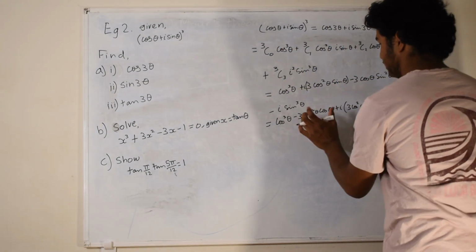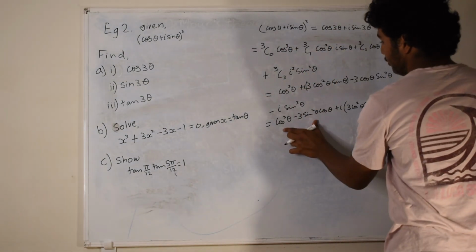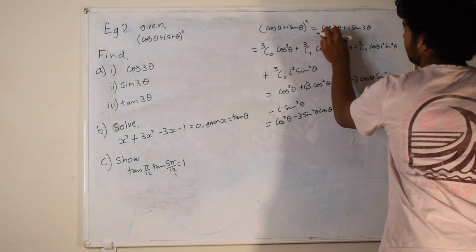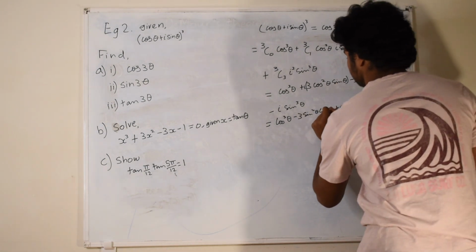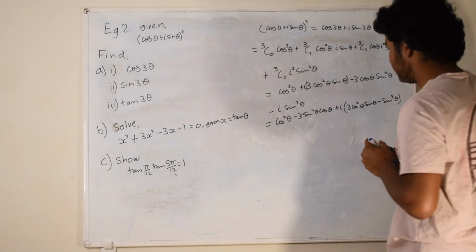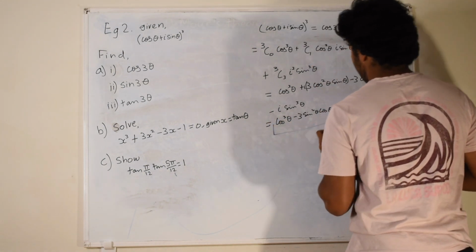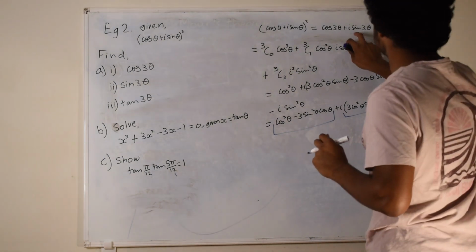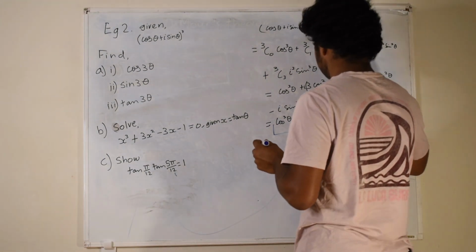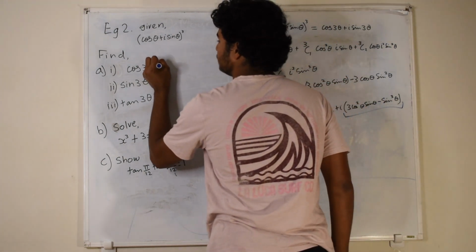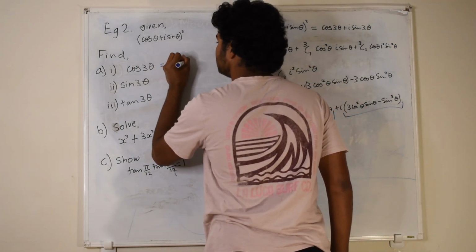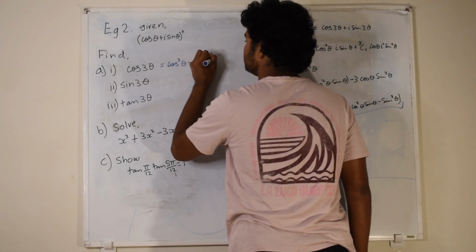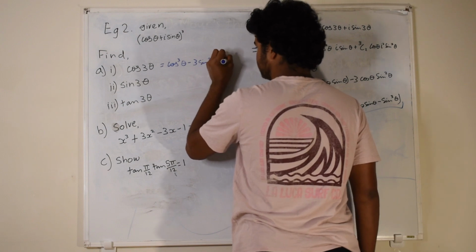I'll tell you how. If this equals this, the real part of the expansion gives me cos 3 theta. So cos 3 theta equals this, and sin 3 theta equals all of this. So cos 3 theta equals cos cubed theta minus 3 sin squared theta cos theta.